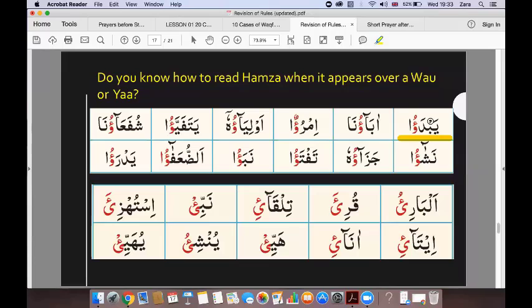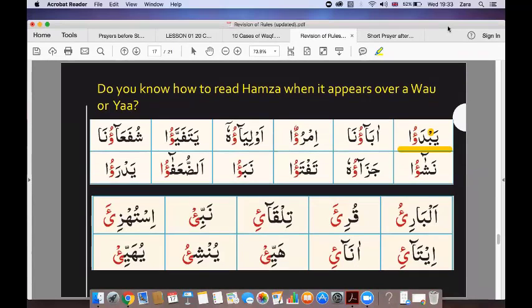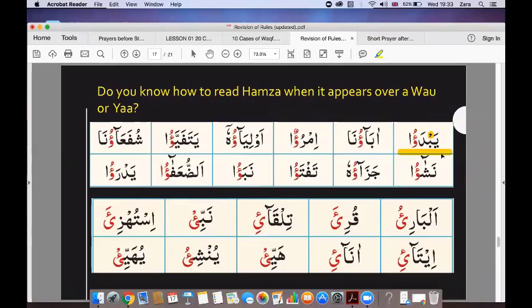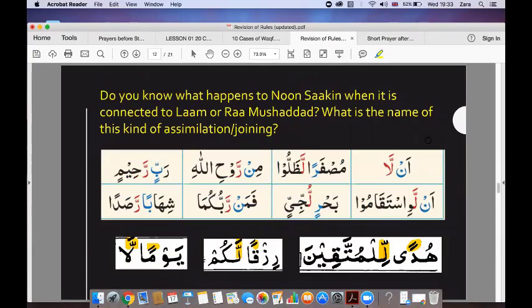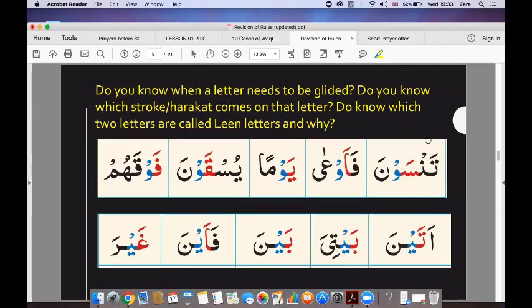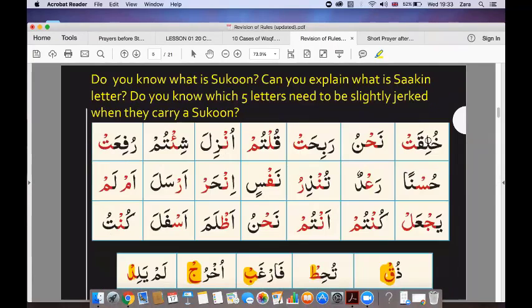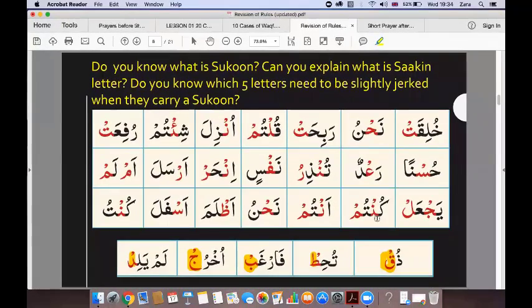Do you remember, so this isn't part of this exercise, but do you remember there were some letters when they carry the sukoon and we have to vibrate them slightly? Do you remember which letters they were? So ba is one of them. Let me just go back just for the sake of revising. Yep, so this was right at the beginning when we started this slide.